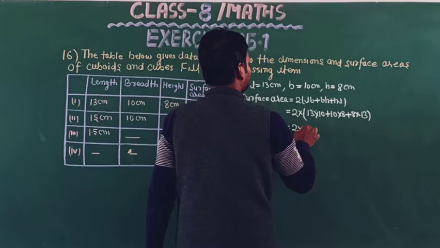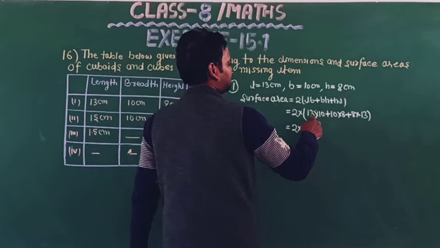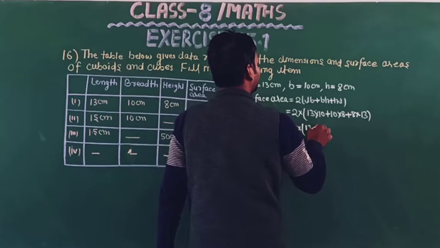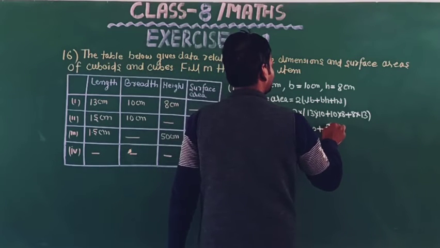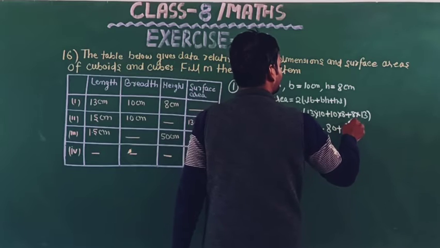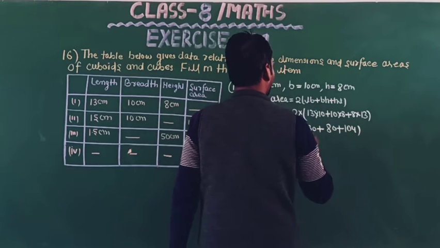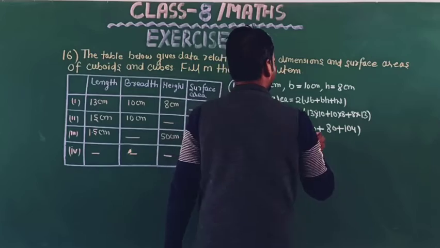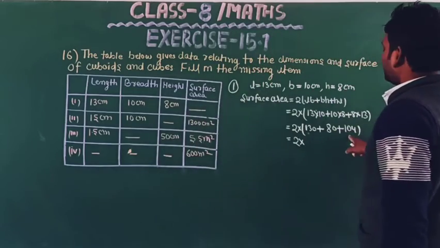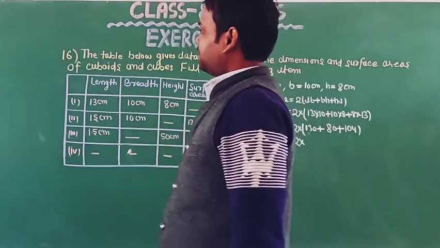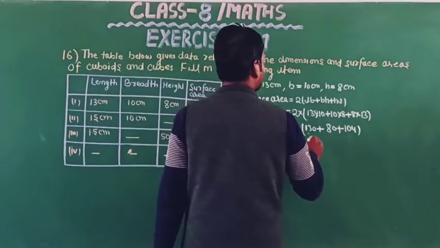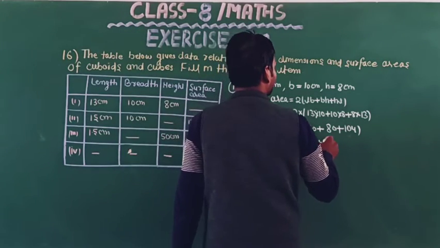So this is 2 into (13 into 10, which is 130, plus 80, plus 104). Now adding 130, 80, 104, we get 340.